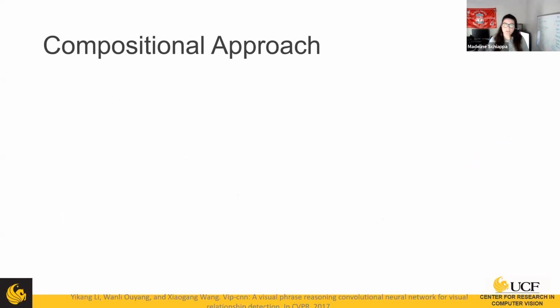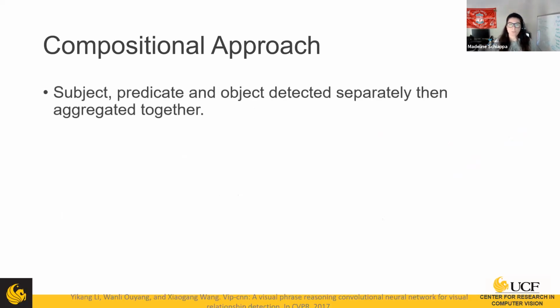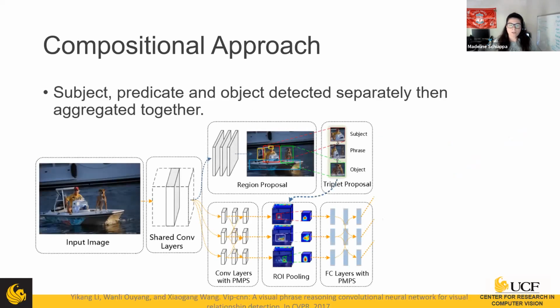So in this research of localizing and recognizing triplets in images, we have two different approaches. The first is a compositional approach. This is where the subject, predicate, and objects are detected separately and then aggregated together. So an example of one of the research proposals that they use to inspire their work is as follows.